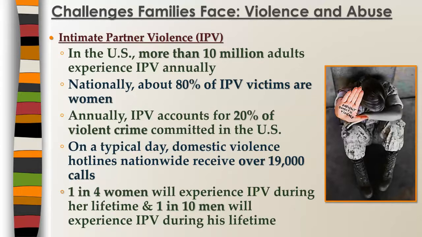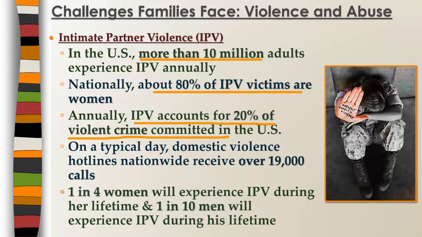Now in the US, it's estimated that about 10 million adults experience IPV every year. Nationally, about 80% of IPV victims are women. It's a majority of women, but still that leaves 20% who are not. Every year, IPV accounts for 20% of violent crimes reported in the United States.